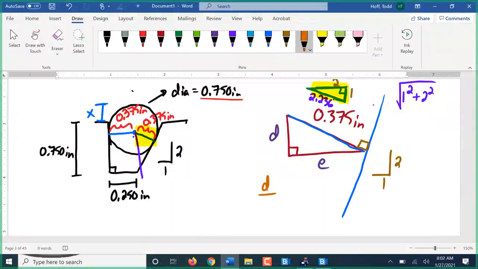What side of the aspect ratio does D correspond to? 1. It's vertical, and the 1 is vertical. Now I need a side in the same triangle as D that I know the length of. That's the 0.375. What side of our aspect ratio triangle does that correspond to?